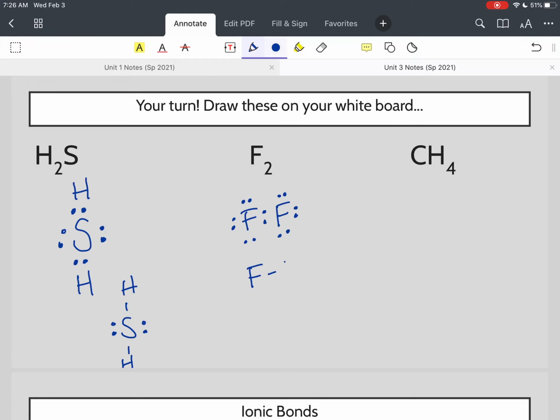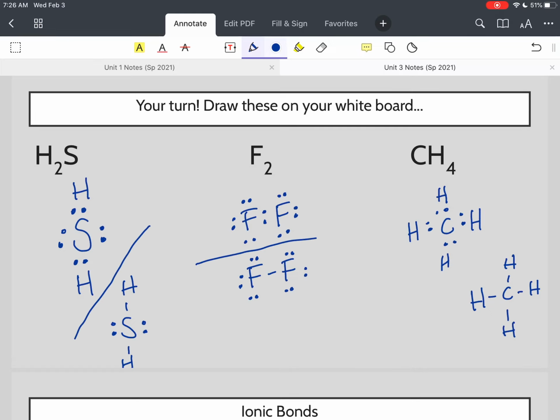They're going to share that one in the middle. Okay, carbon, remember, has 4. And then hydrogen each has 1. So you can leave it like that, showing that they're sharing, or you can write it with the lines, right? Because lines mean the same thing. I'm sharing 2 electrons. So there's 2 different ways you can write each one, okay?